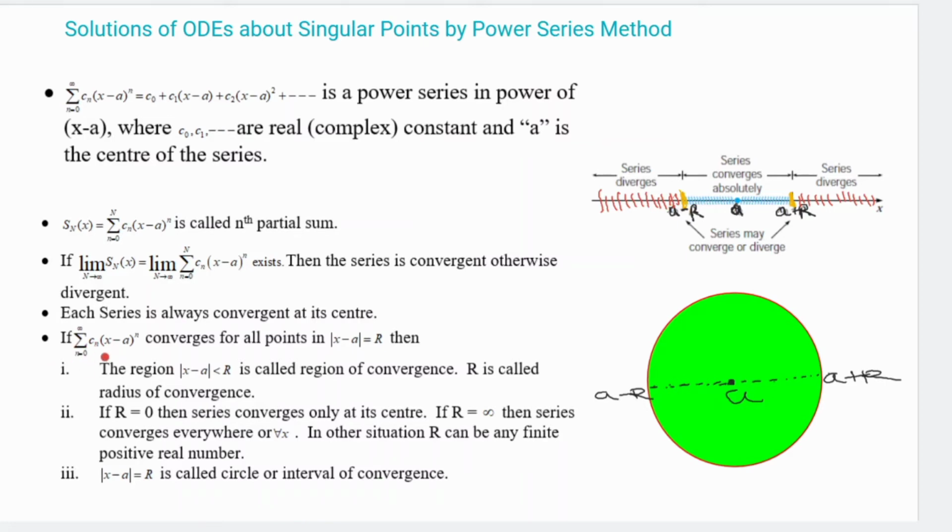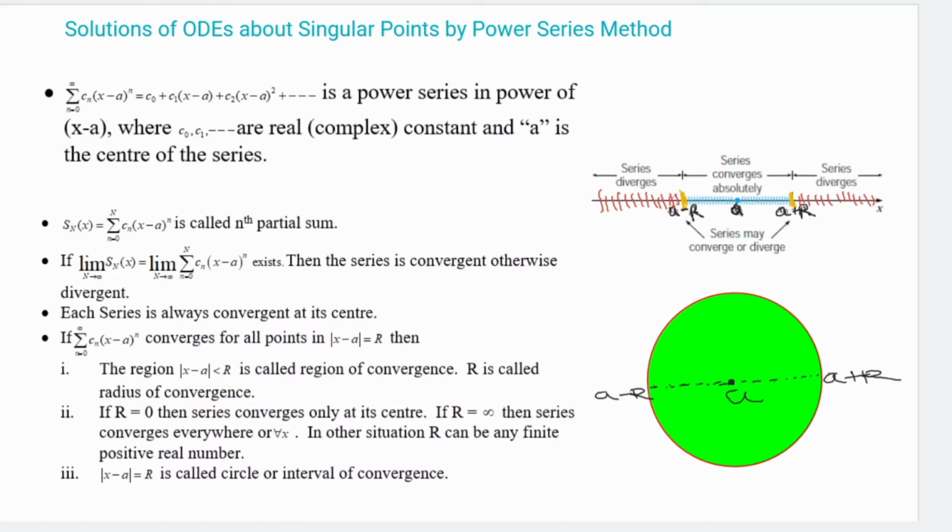That means the power series converges for all points in |x minus a| equal to r. Here this absolute value of x minus a equal to r represents a circle. So the interval of convergence of the series can be written as |x minus a| less than r.